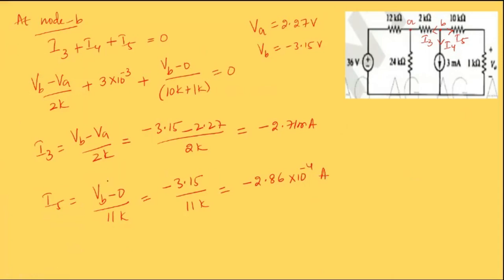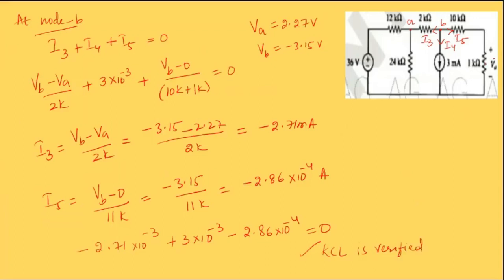So substitute these values in I3 and I5 so that we can check that the value of current at that particular junction B or node B is equal to 0. So minus 2.71 into 10 power minus 3 plus 3 into 10 power minus 3 minus 2.86 into 10 power minus 4, which is equal to 0. That means here also at node B or junction B, KCL is verified.